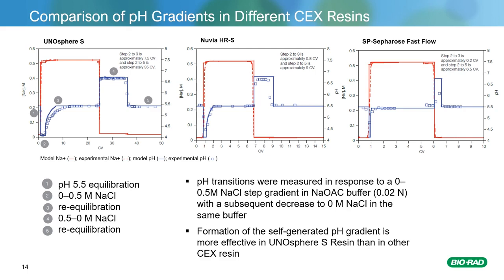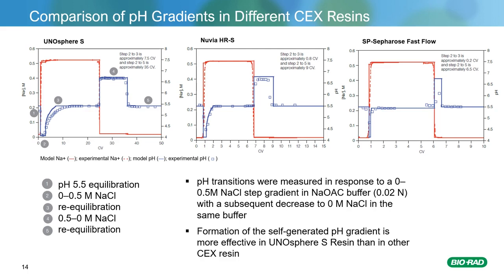With all three resins, the pH decreased with increased salt concentration. The opposite effect on the pH was observed with a decrease in salt concentration. All resins showed a pH drop of 1.4 units, from 5.5 to 4.1, immediately after the introduction of salt.